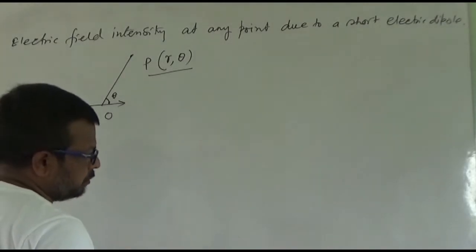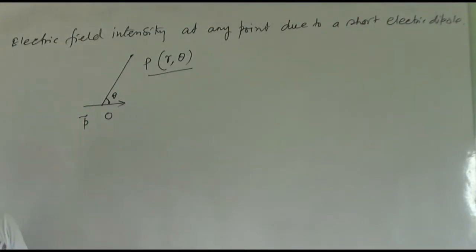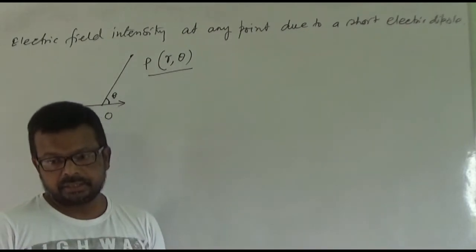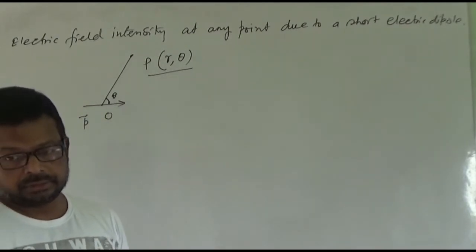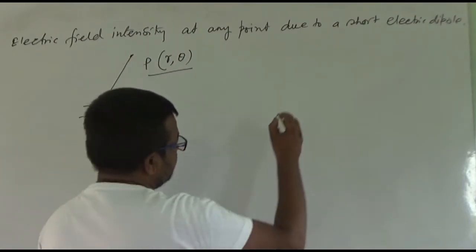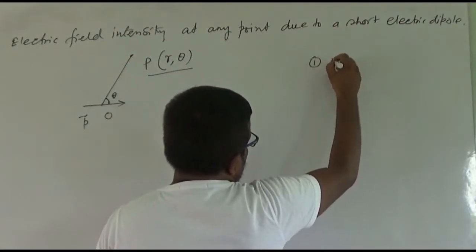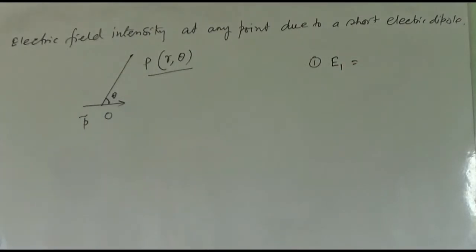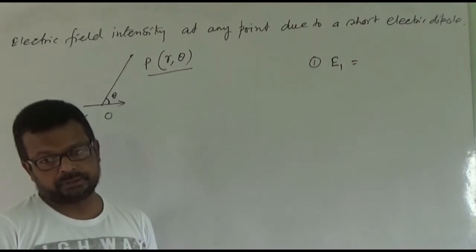We have already deduced two expressions for the electric field due to a dipole at two special points. One is on the axial point.